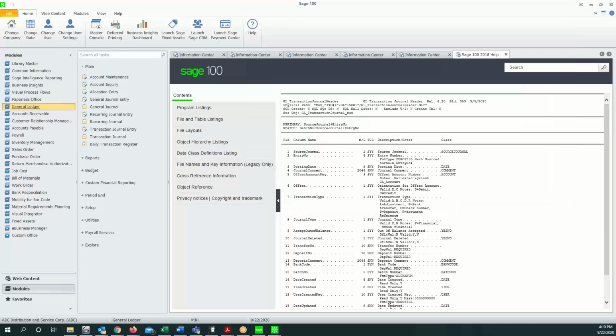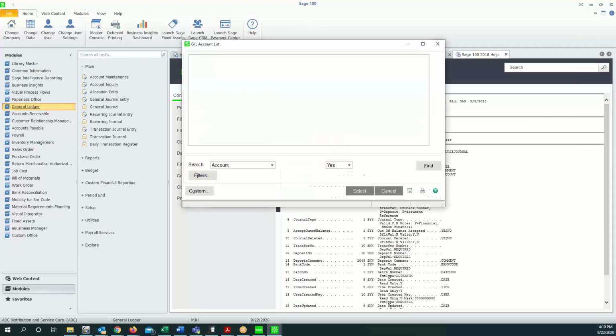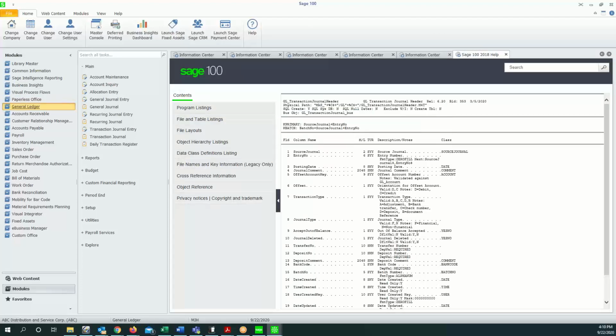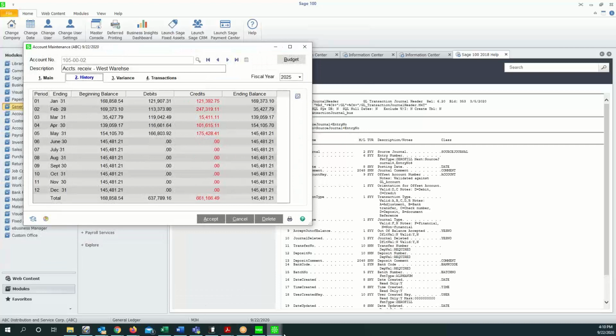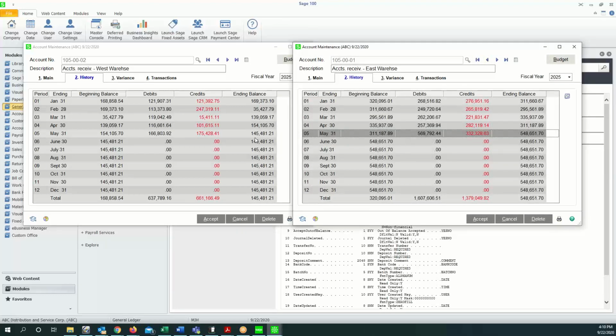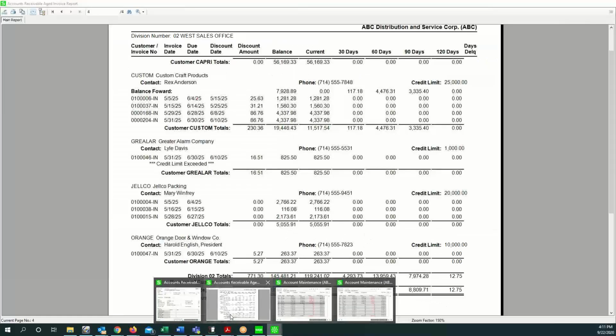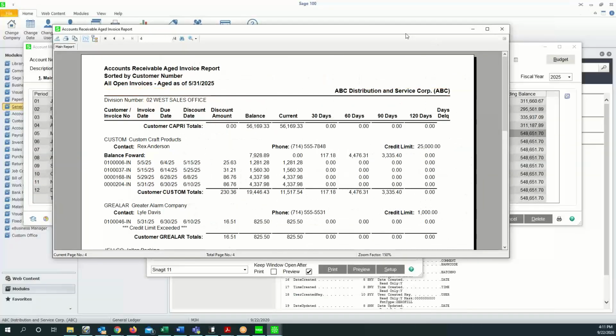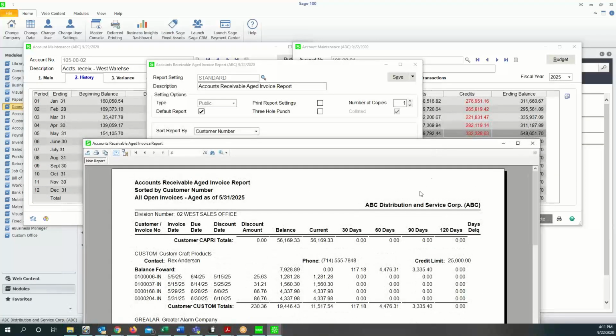I'm going to go get my other report out of the West warehouse, and I'm going to look at these two totals here and see if they add up to the grand total that shows on my aging report. So we're looking at $145,000 and change and $548,000 and change. And we look at the balance of the report, $694,457.11. Well, that happens to balance. So we're pretty excited about that.